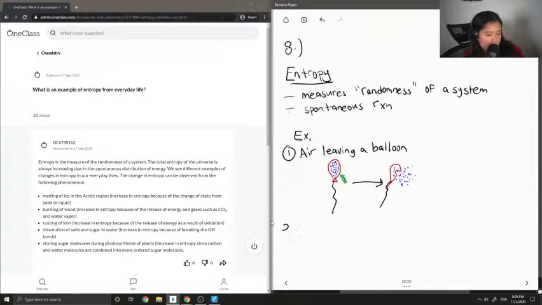So another common example is when you mix pure substances together.